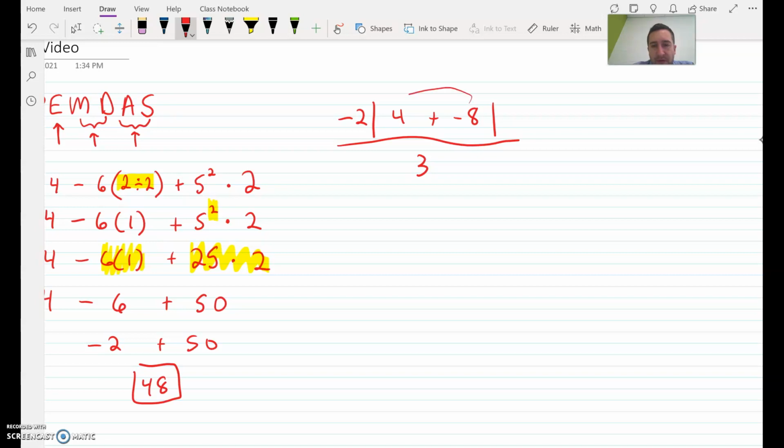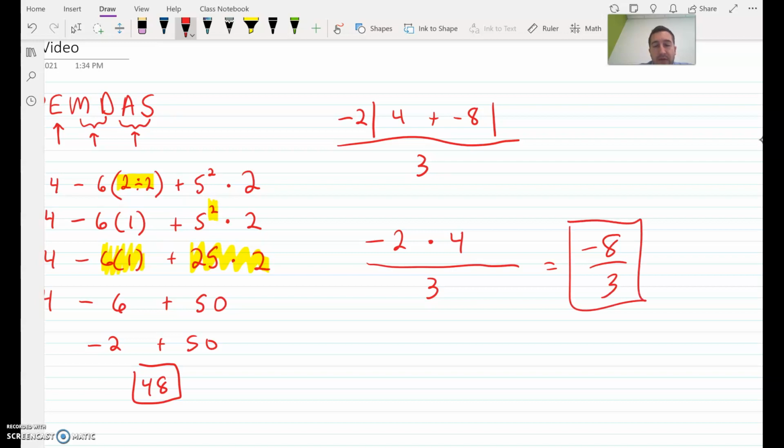What is 4 plus negative 8? That'd be negative 4, right? So it would be negative 2, absolute value of negative 4, over 3. What is the absolute value of negative 4? That's just 4. And then you do negative 2 times 4 divided by 3.